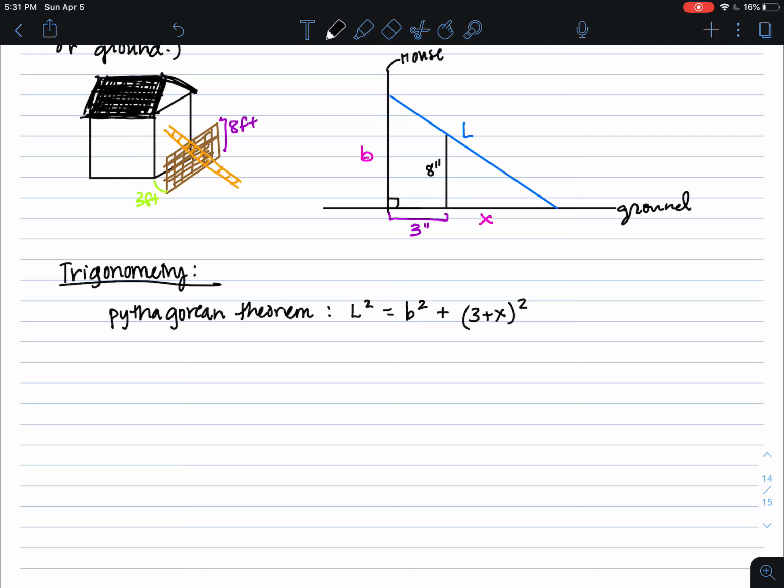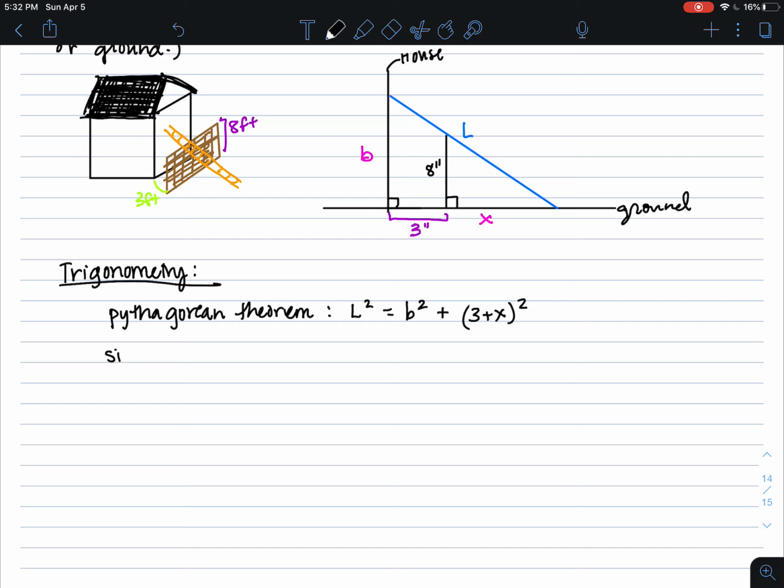Okay, and we also have from similar triangles, if we look here, this is a right triangle, and this is a right triangle, and they share all of their angles. So this triangle has all the same angles as this larger triangle, so we know that their sides have to be in direct ratio. That is, B compared to 8 needs to be the same as 3 plus x compared to just x.